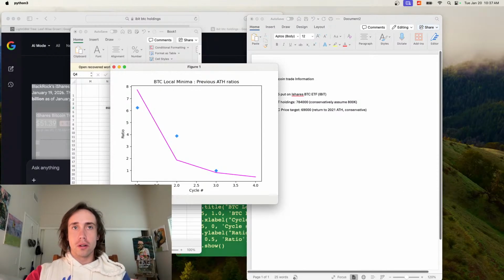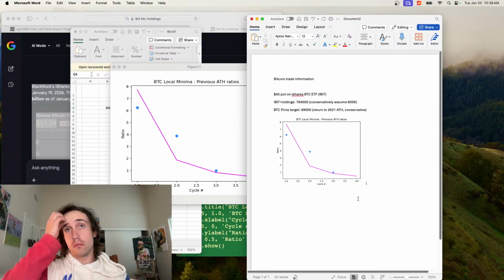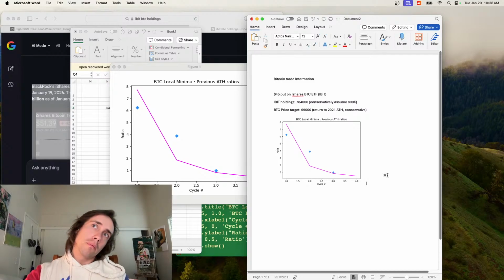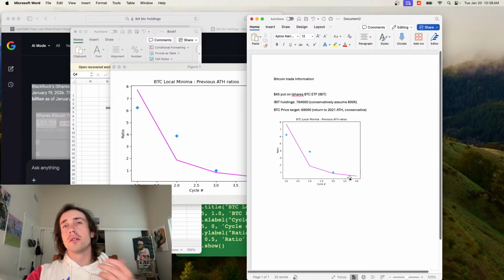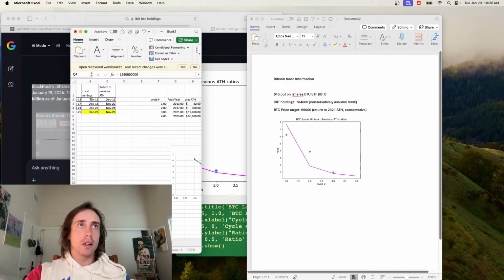If it goes up, then the trend breaks. If this goes lower, then we're in a better position. So I assumed conservatively 1. And let's put these guys in.